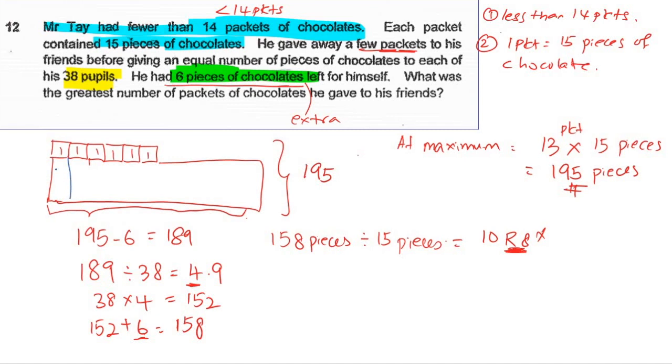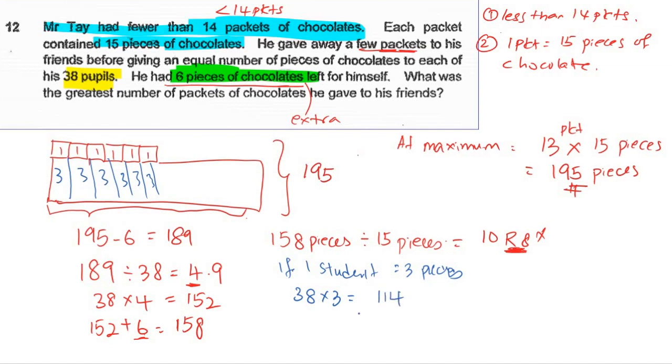If one student gets 3 pieces, and I have 38 students, then 38 students times 3 will give me 114.